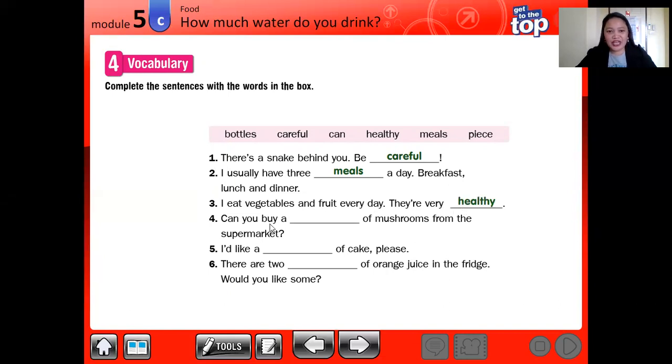Correct. Can you buy a can of mushrooms from the supermarket? Answer is can. I'd like a piece of cake, please. There are 2 bottles of orange juice in the fridge. Would you like some?